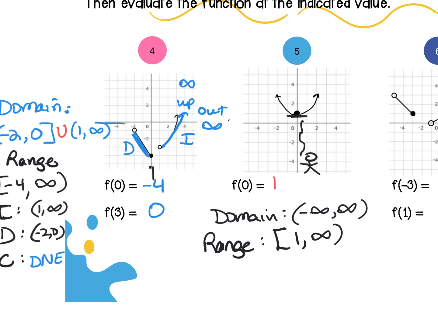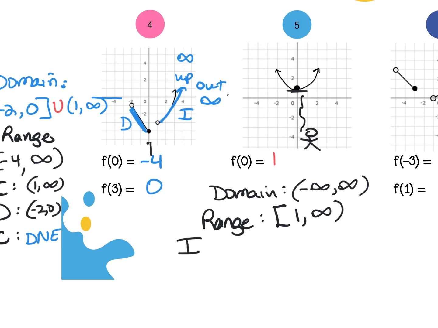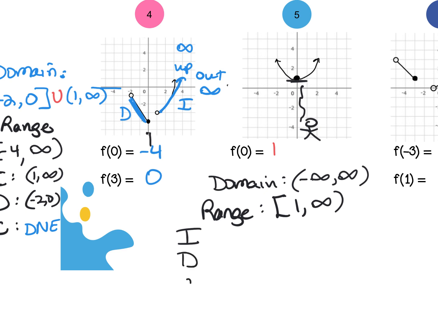Now, in this case, when the domain is all real numbers, in order to figure out my increasing, decreasing, and constant, I need to split up that all real numbers. For my increasing, decreasing, and constant, again, you don't see any horizontal lines. So the constant, again, is DNE. So let me go ahead and erase here. So now, again, ignore the arrows.